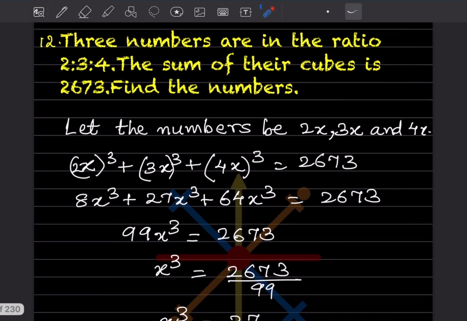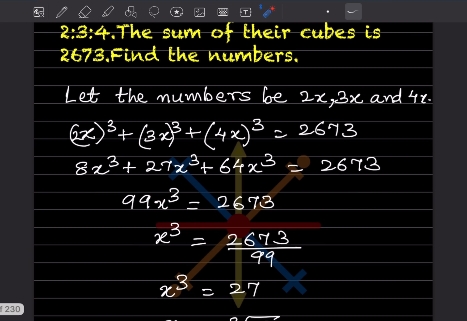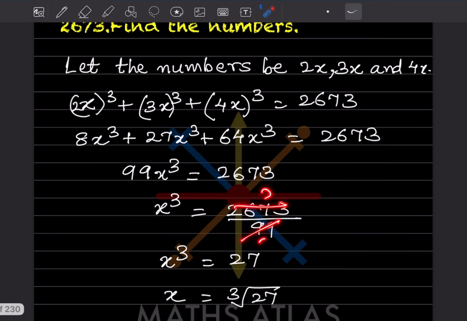When you add, you write x cube only once and add the coefficients, so 8 plus 27 plus 64 is 99. 99 x cube is 2673. So x cube will be 2673 divided by 99, since this is multiplication, it goes to the other side and gets divided. When you divide this, you get 27.